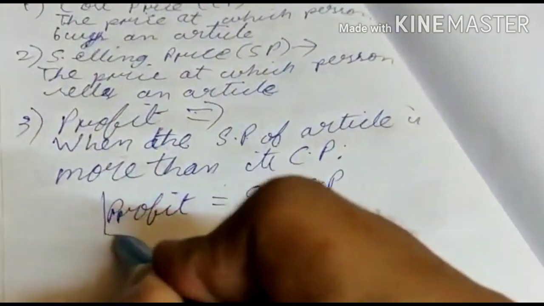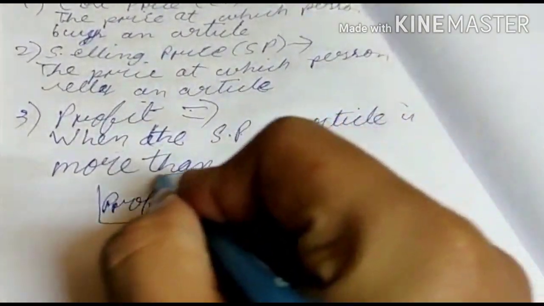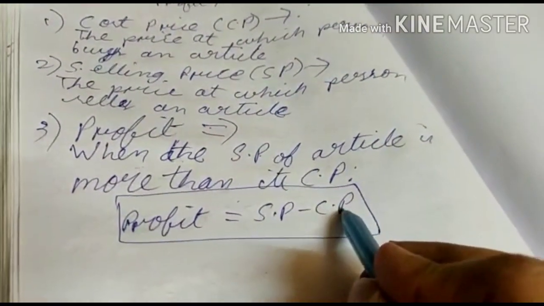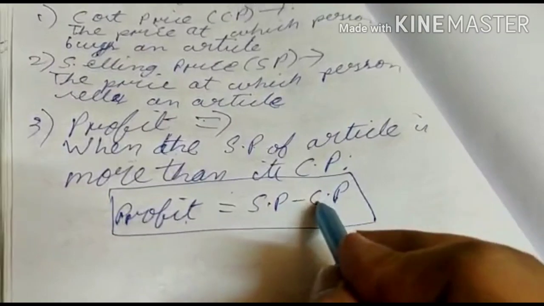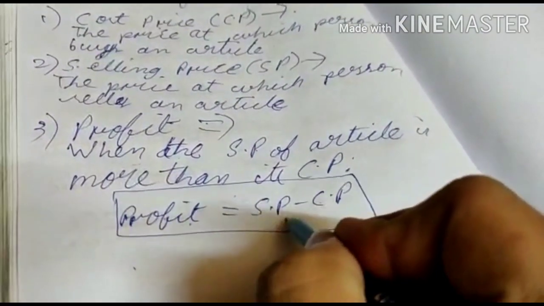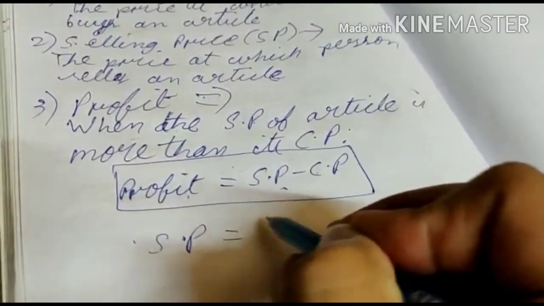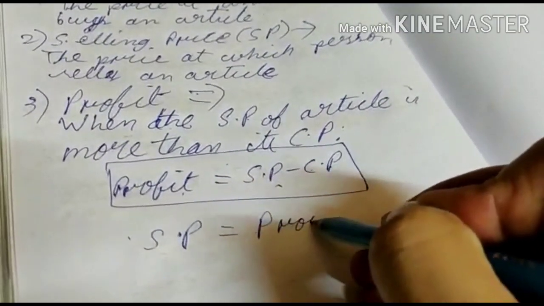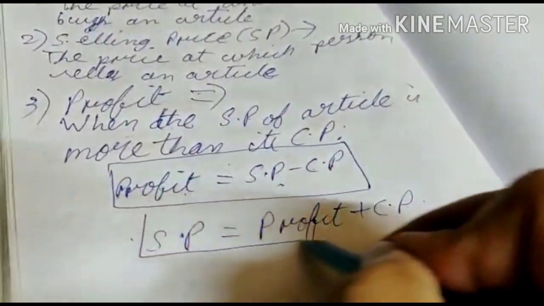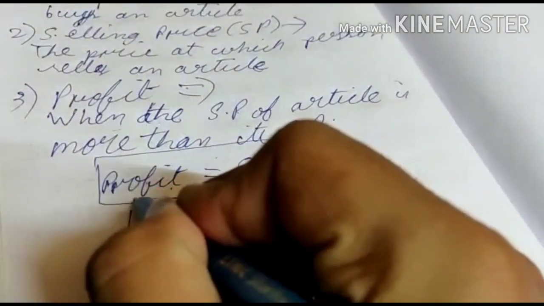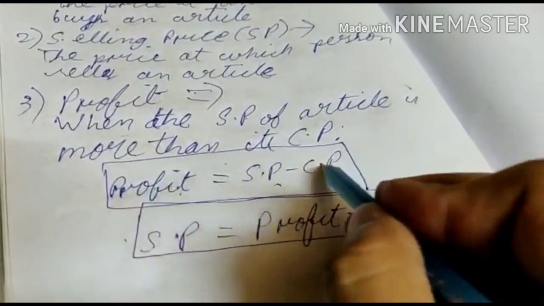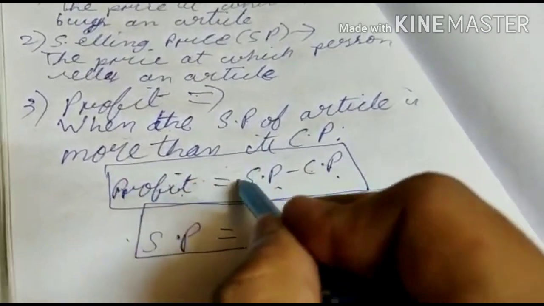From this formula itself you can make 2 more formulas. Taking CP this side, here CP is in minus, it will come here in plus. What will be left here is SP equals profit plus CP. We took CP from negative here to positive there, so profit plus CP gives SP.